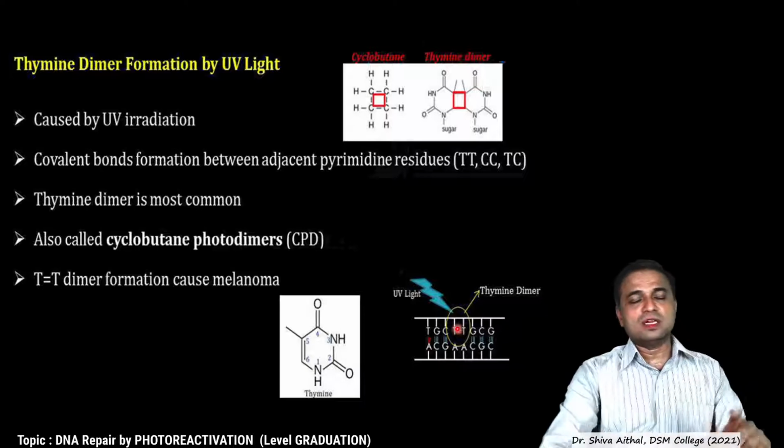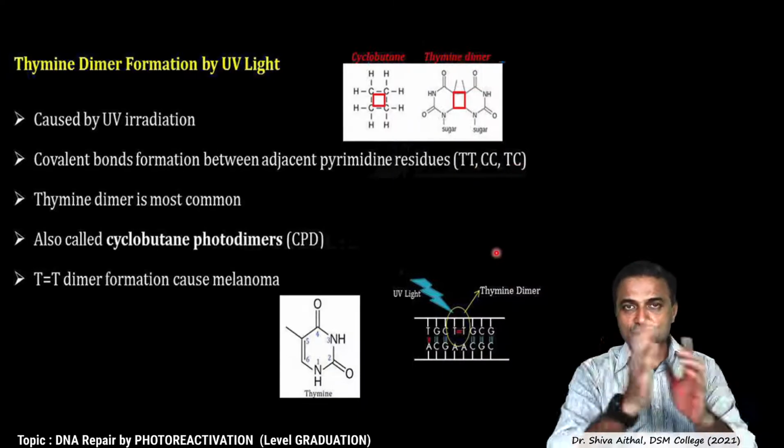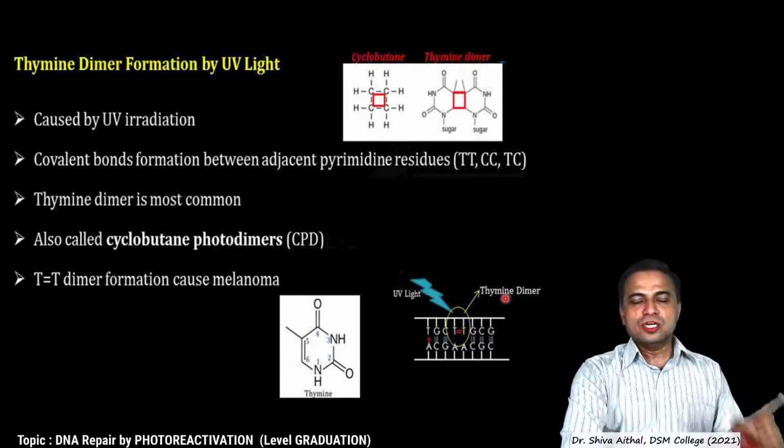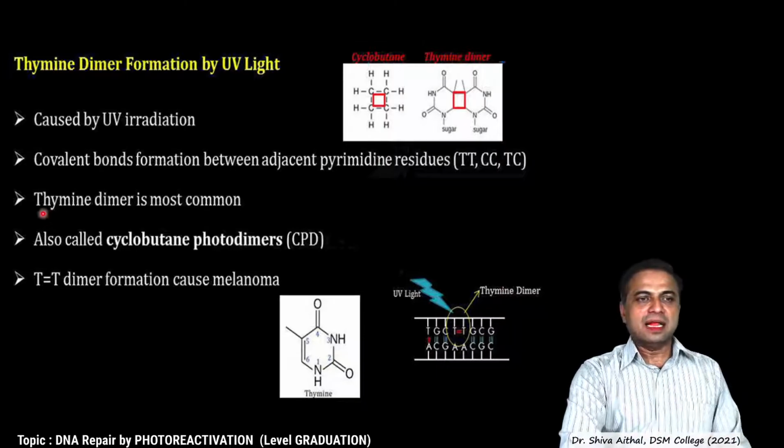It is very popular that thymine dimers form very easily, but cytosine and cytosine can also form covalent bonds. They can, but they have to be adjacent to each other. So TT, CC and TC, these are the three probable dimers which can be a result of ultraviolet light induction, remember that. But out of that, as I said, thymine dimer is the most common form of dimer.